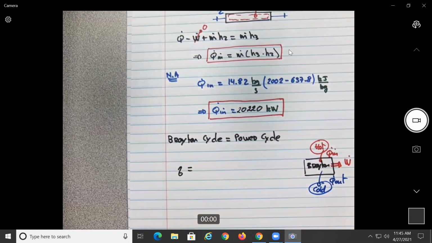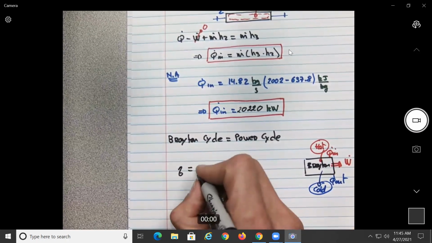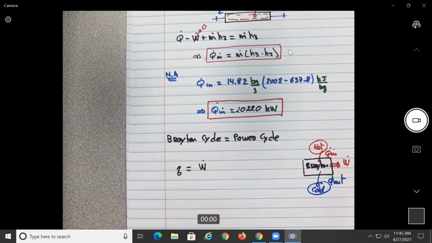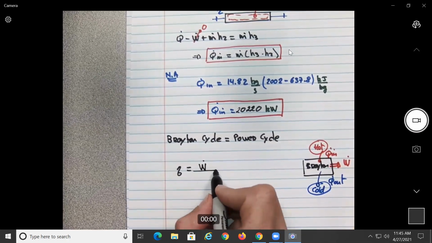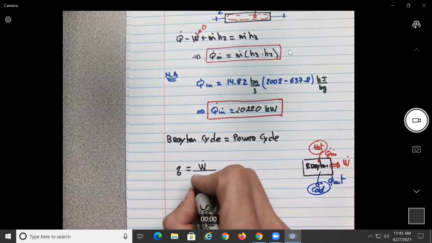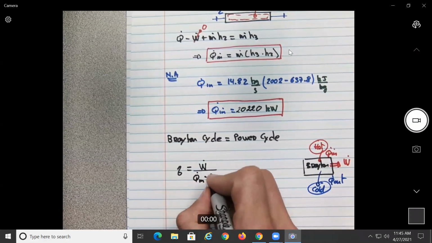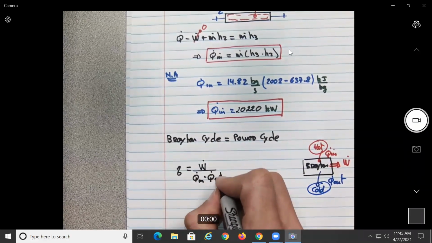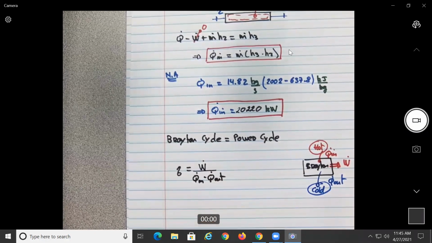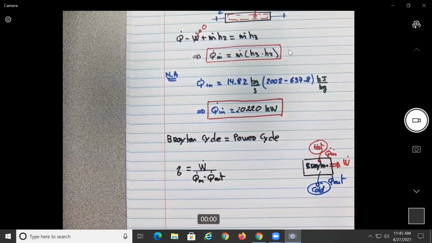So what is the efficiency? Is whatever you get out divided by whatever you put in, no? So what are we getting out over here? Power. What are we putting in? Q in. Sorry, I did make a mistake. What are we putting here?